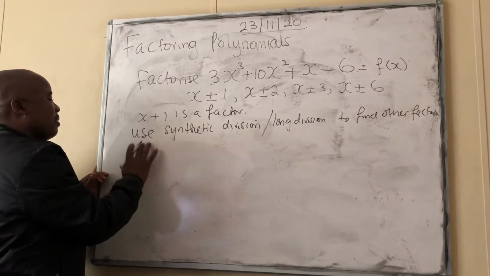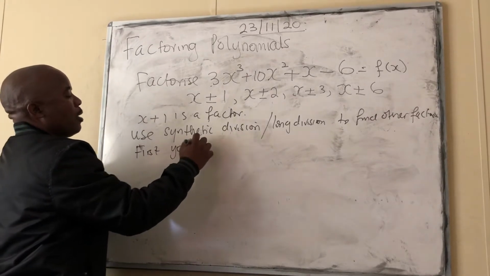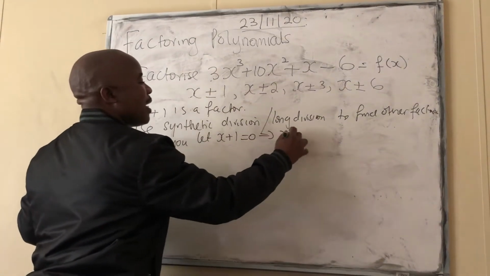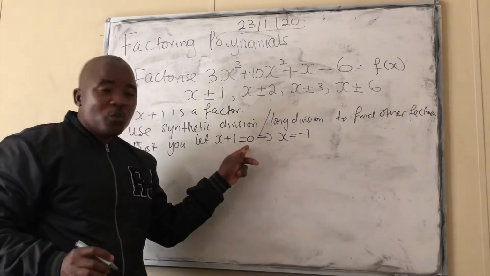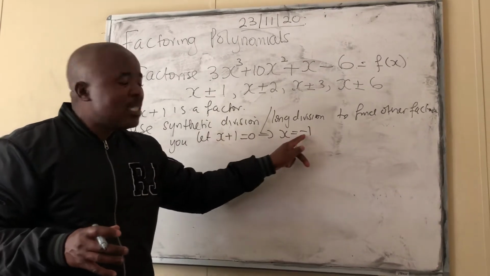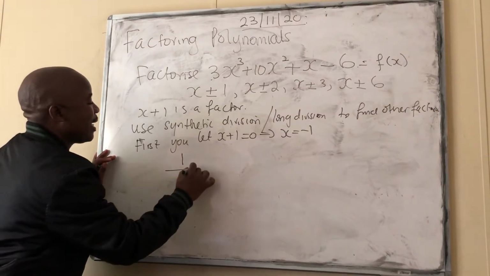First, you let x plus 1 equals 0, which implies x equals minus 1. So you find the zeros. This minus 1 is the number that you place here.